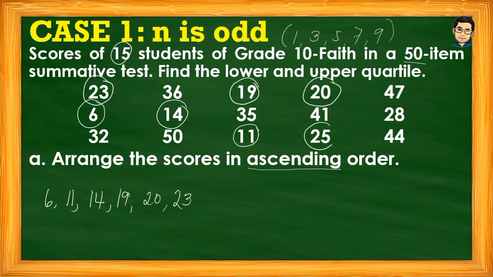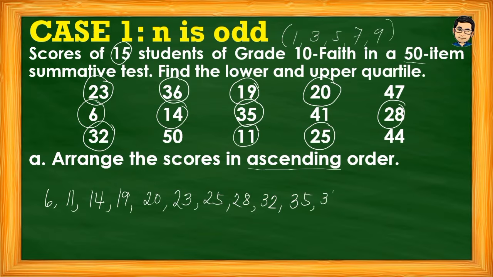And then 25, 28. Then the next score will be 32. And then 35, 36, 41, 44.